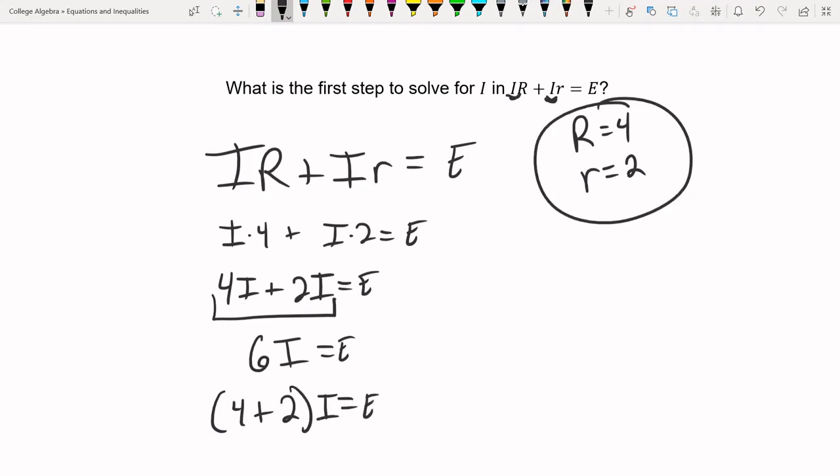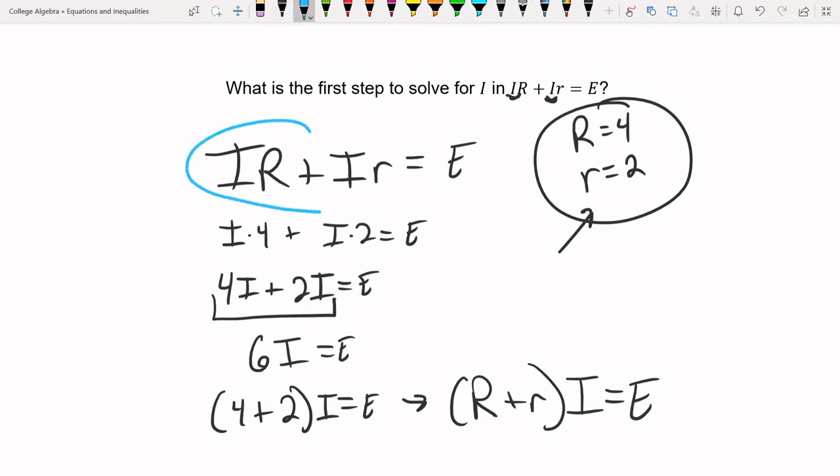And I can go backwards using the values I gave in the very beginning. 4 is just big R, and 2 is little r, so we get (R plus little r)I equals E. This is a long drawn out way of saying that what I can do in this very first position here is factor out an I. I can take out an I and put it on this side.